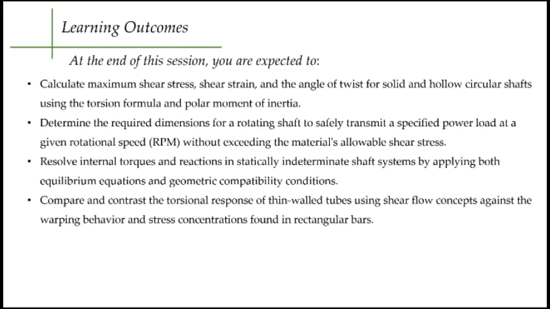Now, in most real world cases, we use tubes or circular shapes to transmit power. So usually all the rotating parts are made up of tubes. But nevertheless, there are certain scenarios wherein shapes other than circular shapes are also subjected to torsional forces.